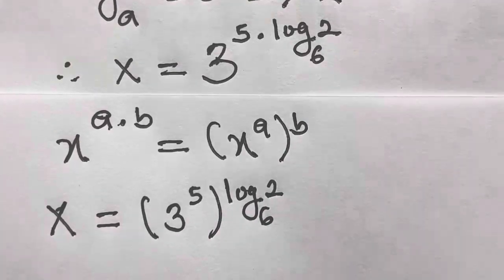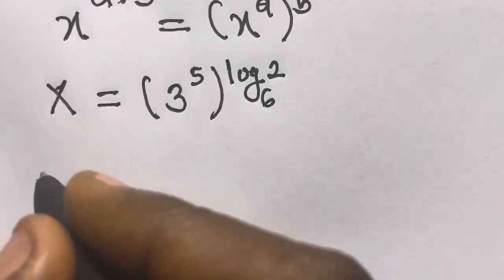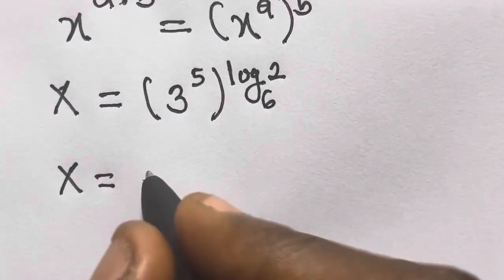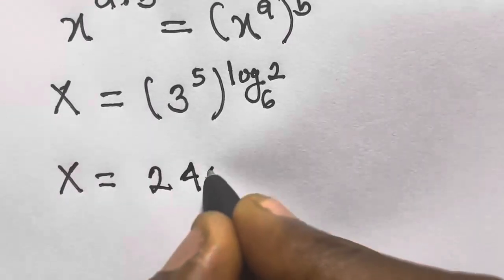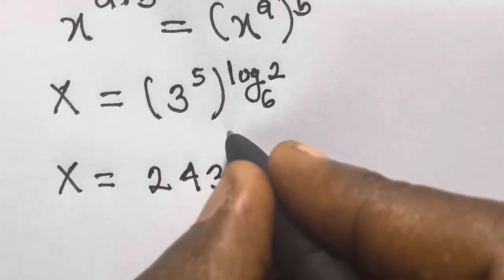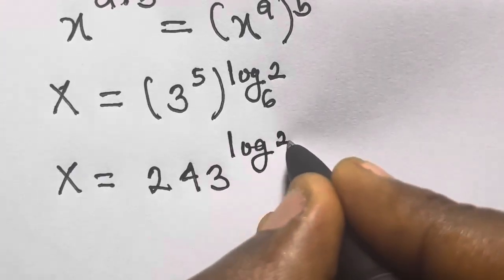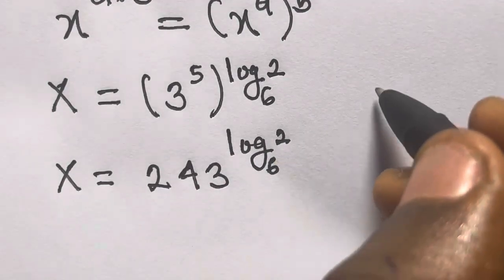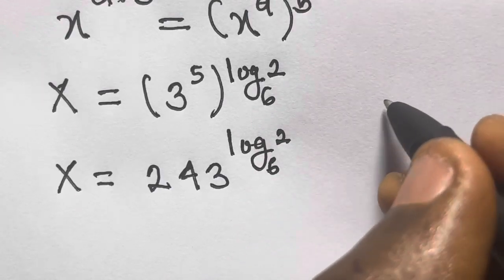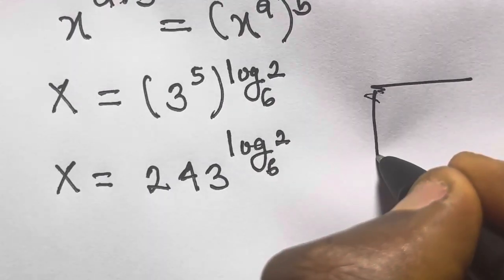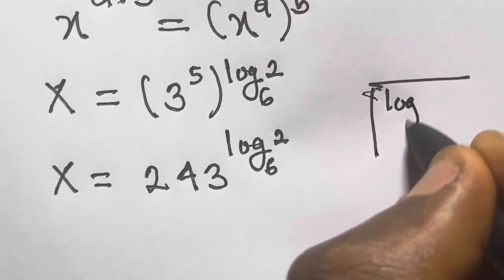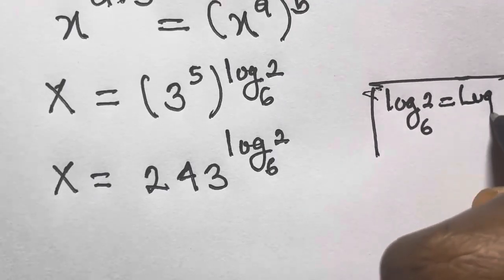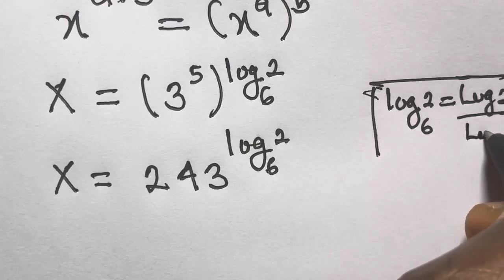So here we will have x equals 3 raised to power 5, which gives us 243, raised to power log 2 in base 6. But from here, log 2 in base 6 is equal to log 2 divided by log 6.